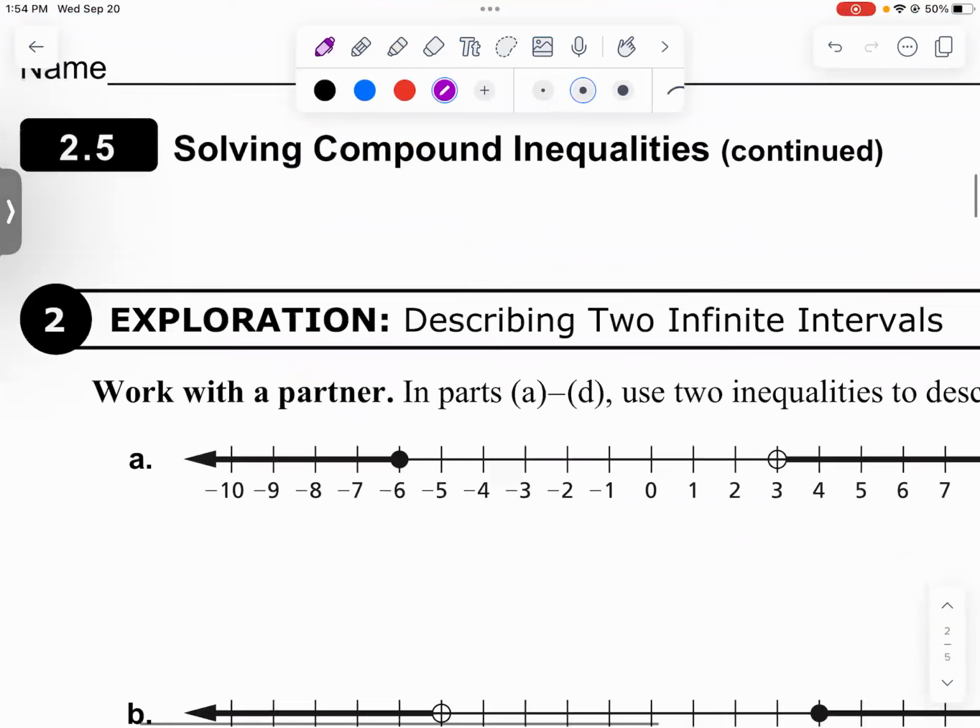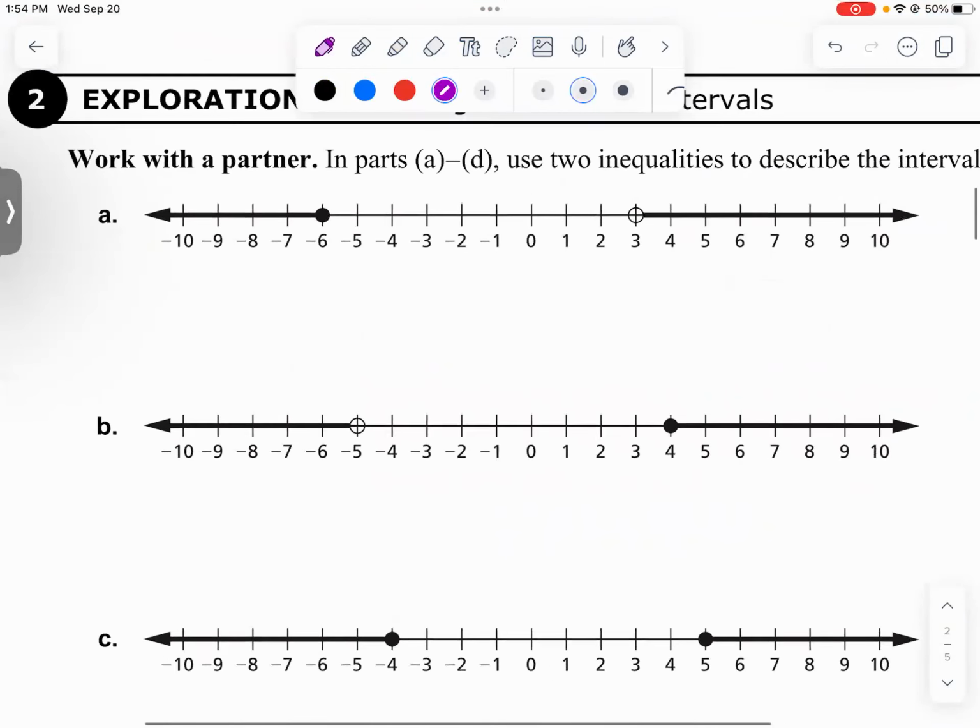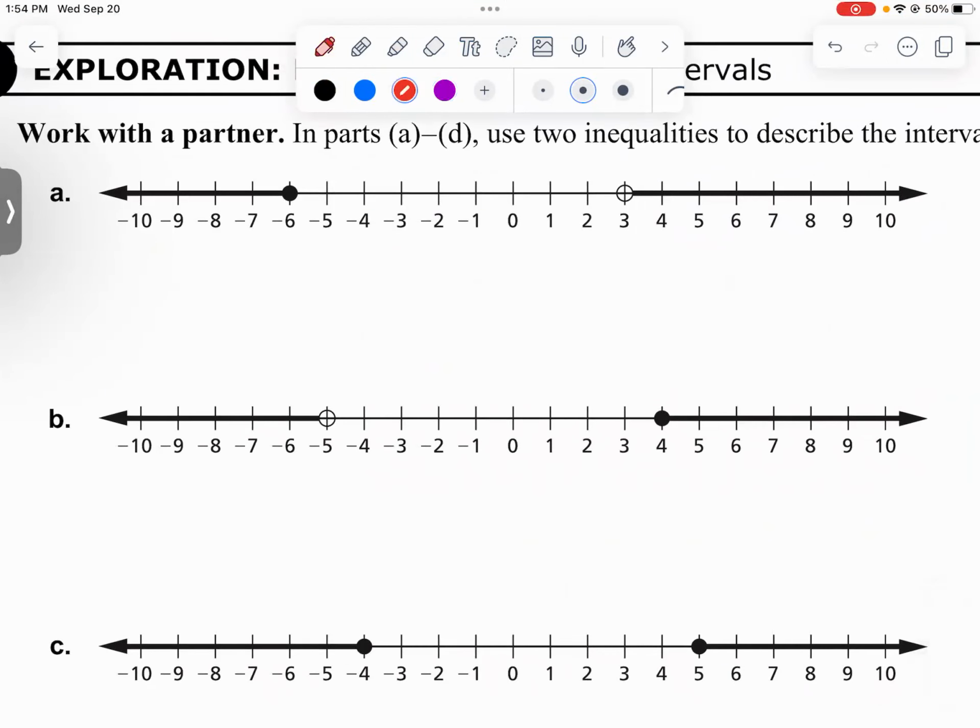Now, in this one, we can write X is less than or equal to -6 and X is greater than 3. Can they satisfy both at the same time? No. So what would we put? So we would put an or in between.